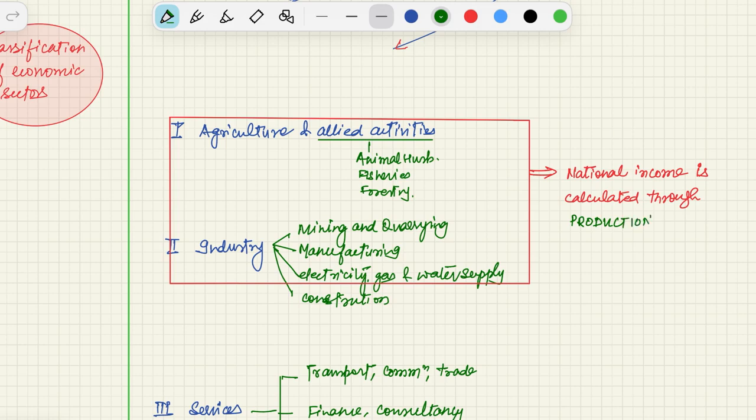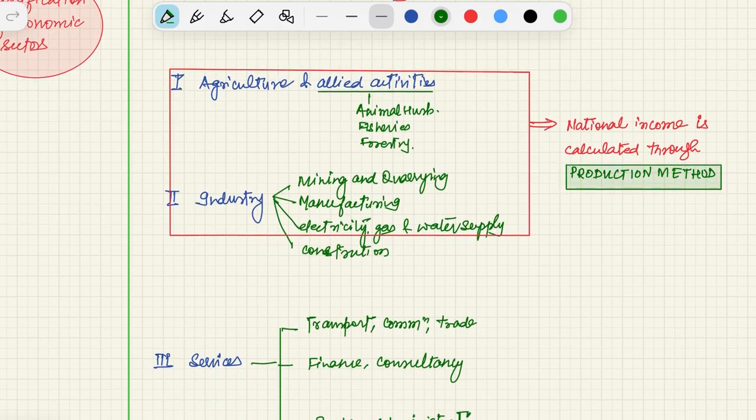Okay, national income is calculated through the production method. I hope you understand.